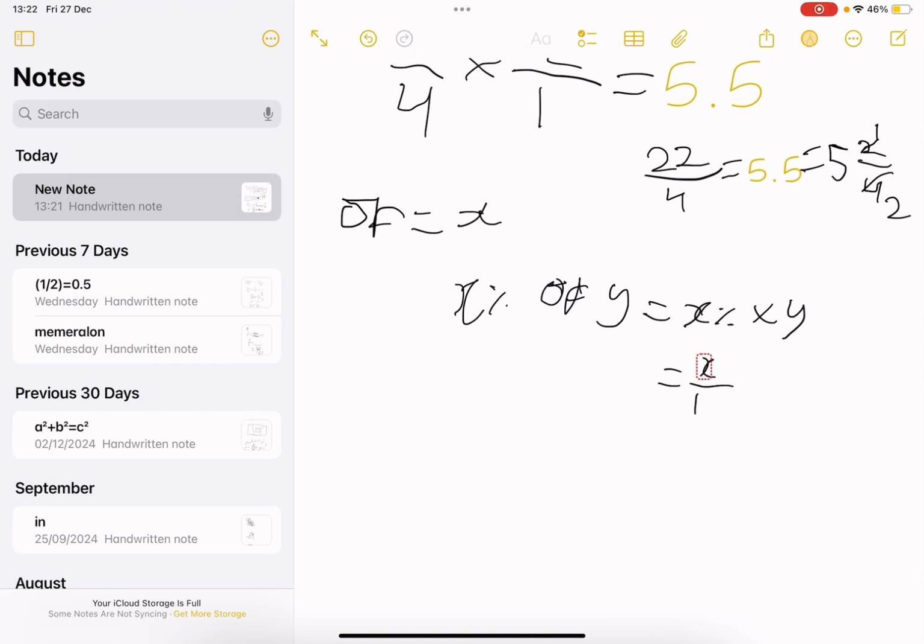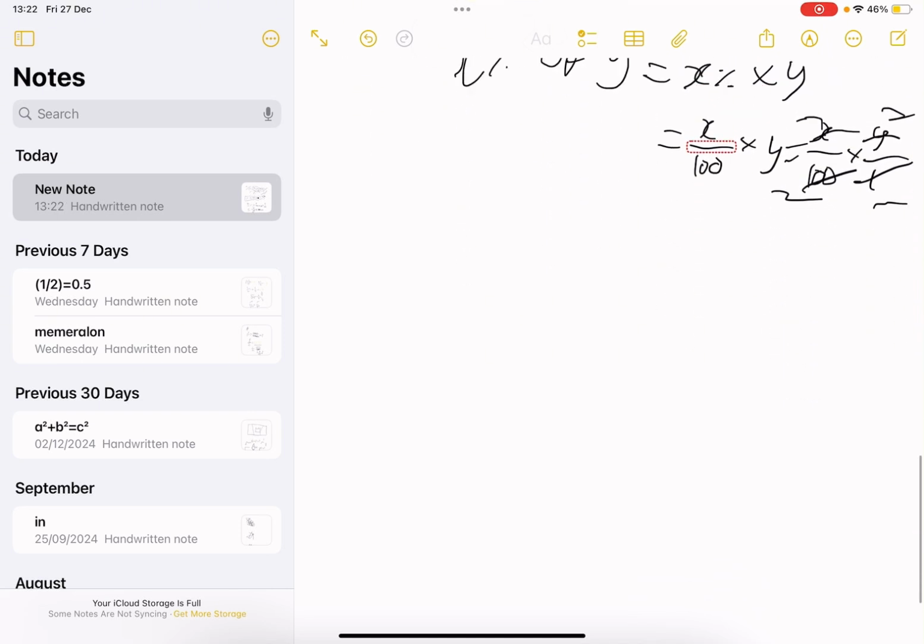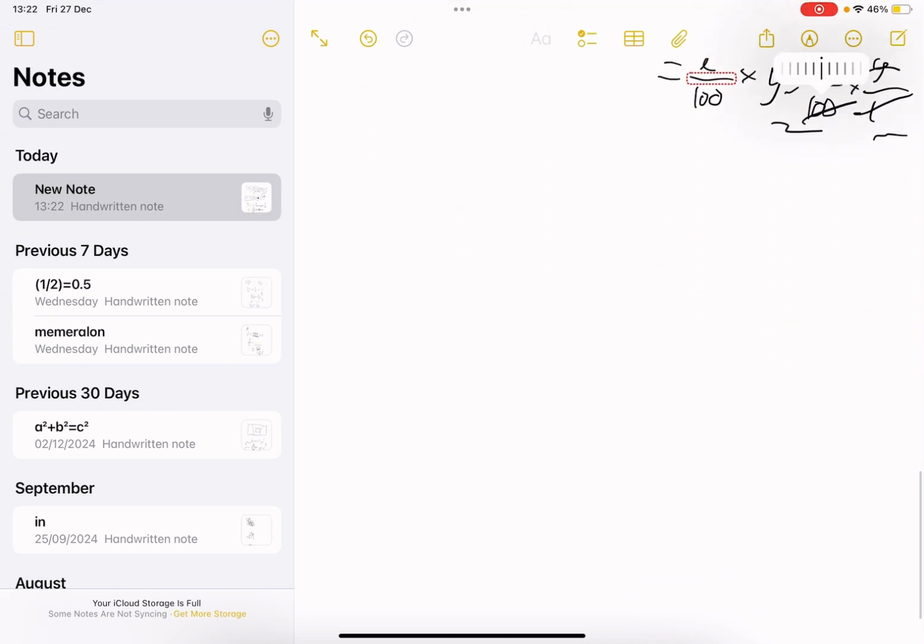So it's just x over 100 times y. If you want to make this even easier, you can do x over 100 times y over 1. And if you can simplify, go ahead and do it. Make sense? Okay, good. I'm glad we got that cleared out.